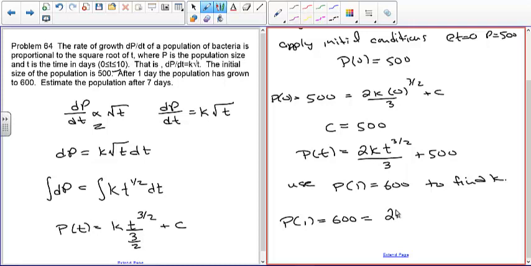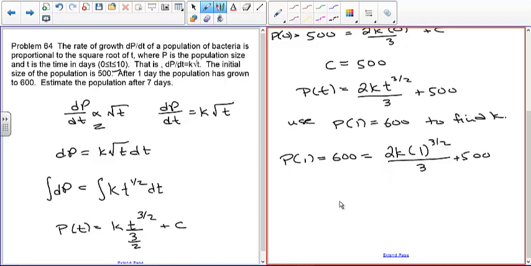So you get 2k times 1 to the 3/2 divided by 3 plus 500. So now you just have to solve for k. If you subtract 500 from both sides, you'll get this. 1 to the 3/2 power is 1. That's why they chose it, to make life easy for calculating this.